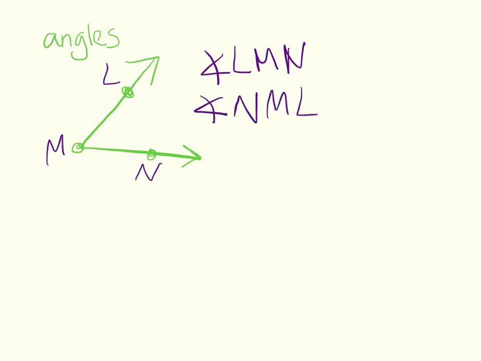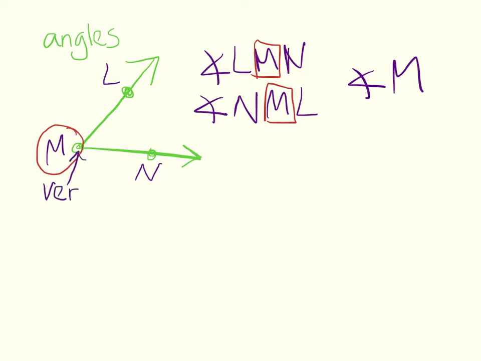One of the keys is that the middle letter has to be the middle letter here. If an angle is hanging out all by itself, like this one is, we could just call this angle M, because that's the only angle that has vertex M. This point is called the vertex. We could, if we wanted to, put a symbol in here like 1. We could call that angle 1.